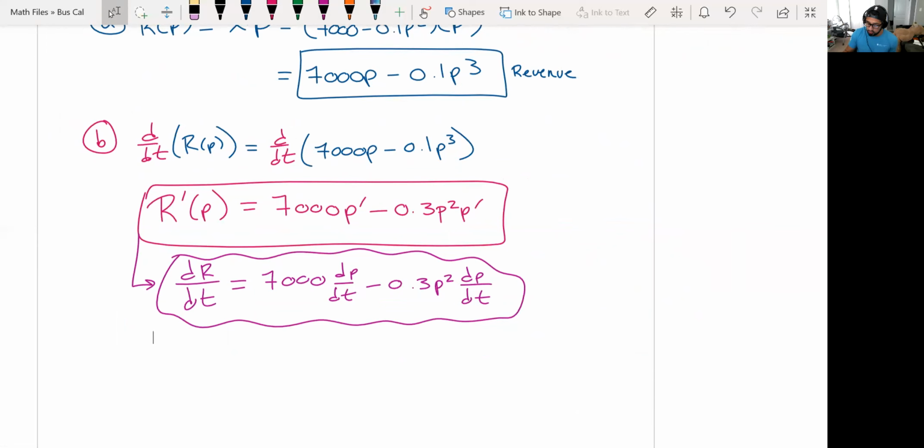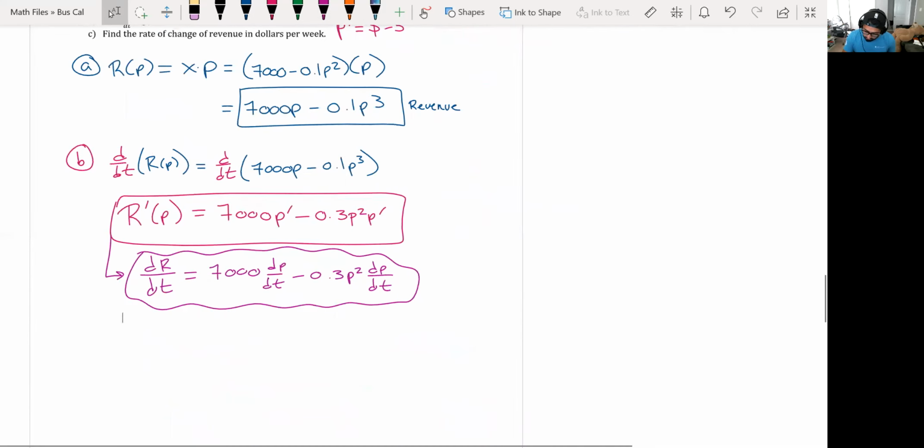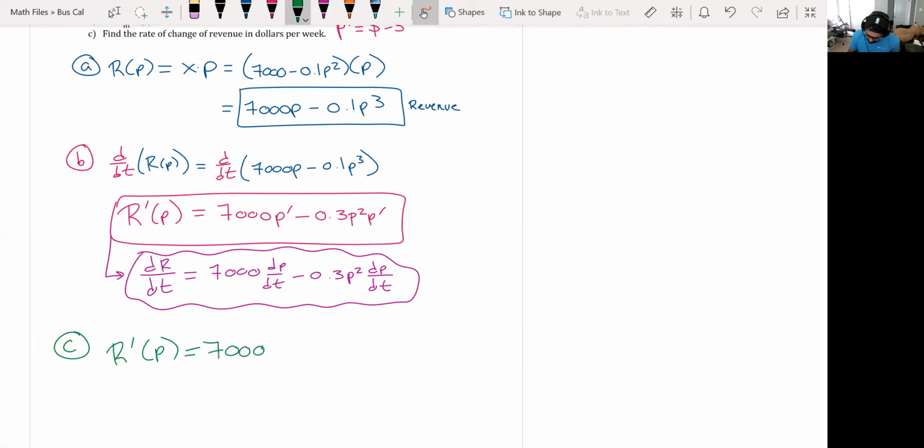Okay, and now all we have to do for C is plug in P and plug in P prime. So P is 100 and P prime is -5. So we'll say R prime of P equal to 7,000 times -5 minus 0.3 times 100 squared times -5.